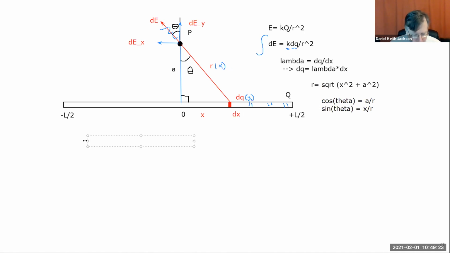So I'll now write dEx is equal to K times lambda times dx times sine theta over R squared.